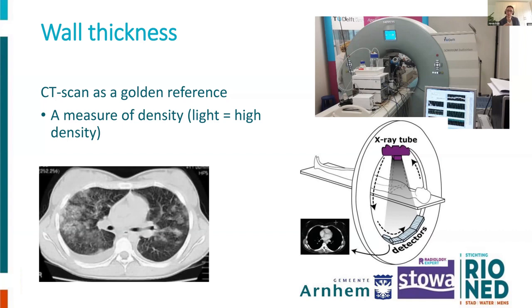But this also brings one of the limitations of the CT scan, because the CT scan is more or less made for the human body. So in the software, there are all kinds of tips and tricks to optimize the imagery for human tissue, which is hard bones and tissue on the outside and soft tissue on the inside.